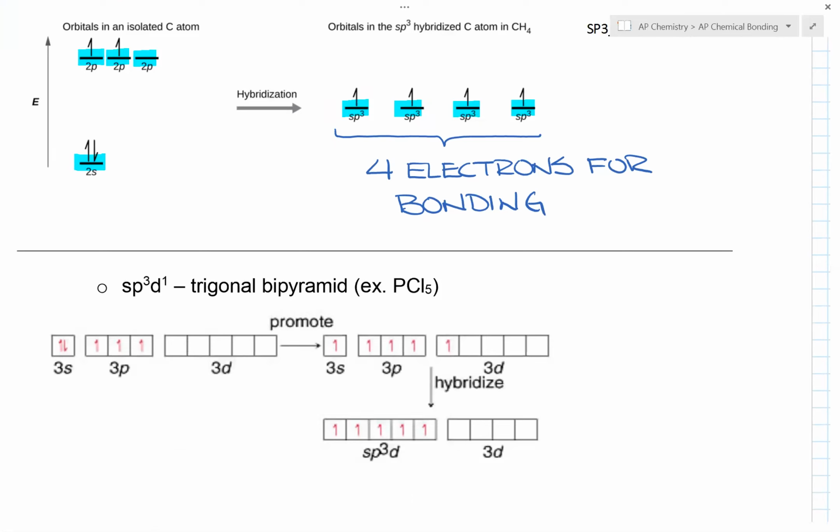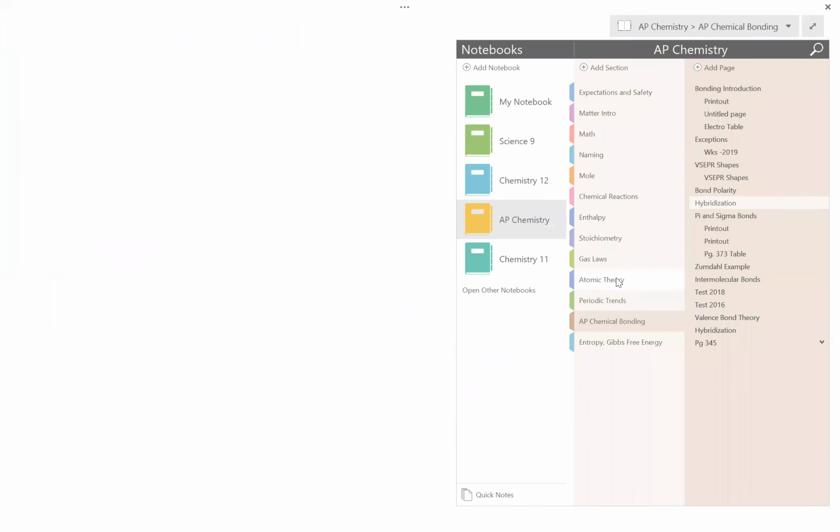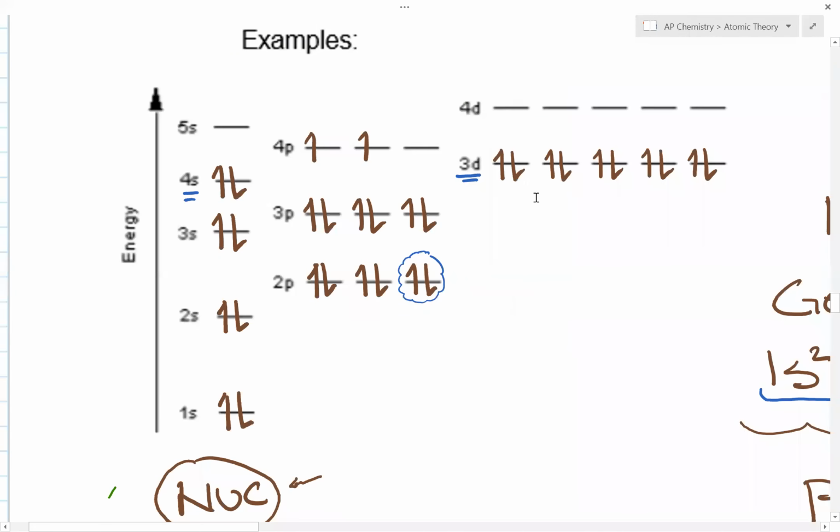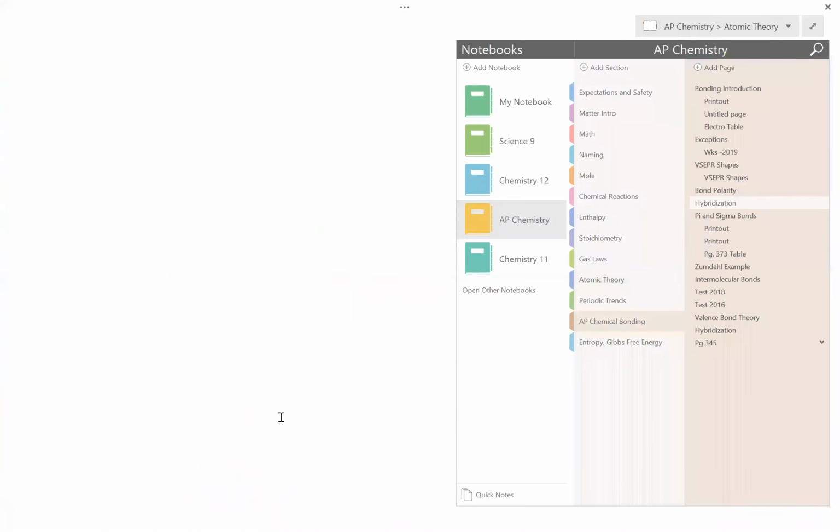Now, remember we talked about Lewis dot structures, you had expanded octets. And I talked about the fact that the reason for expanded octets is because you have the d orbitals for the electrons to go into. And so this is where it comes in.